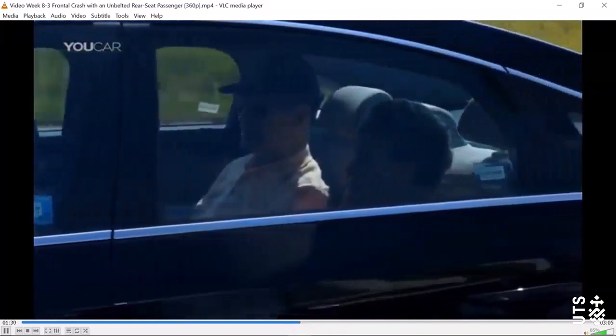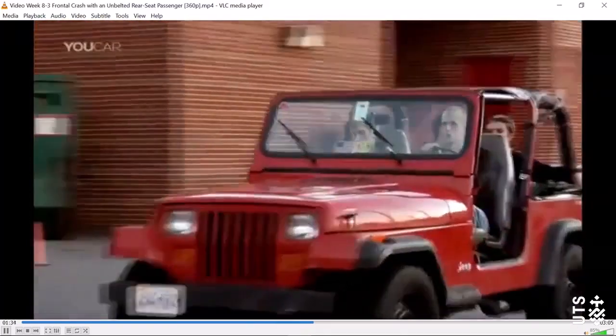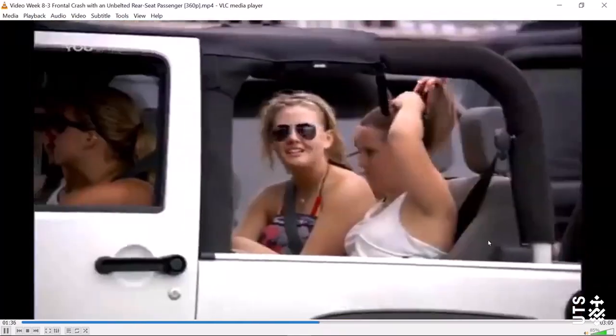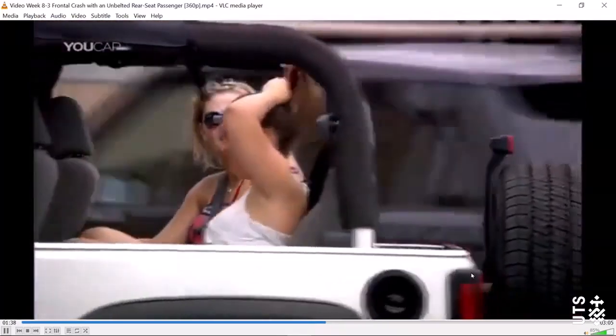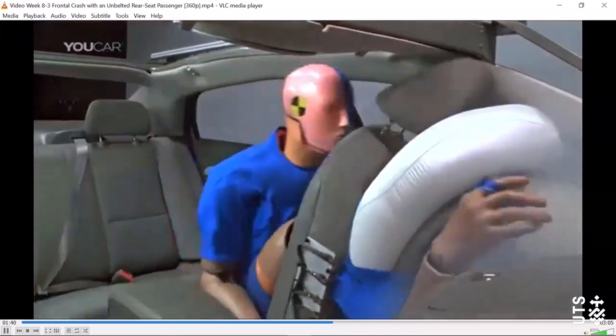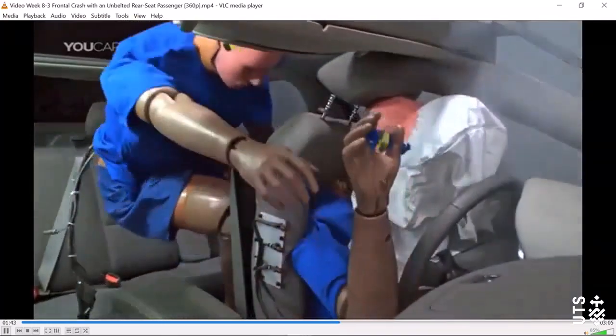People who reported buckling up less often were asked for their reasons. A quarter of respondents said they believe the rear seat is safer, so using a belt there is unnecessary. If you're not belted in the rear, you're putting yourself at risk, and you're also putting other people in the vehicle at risk. People belted in the front seat can be injured or killed by unbelted occupants in the rear flying forward in a crash.